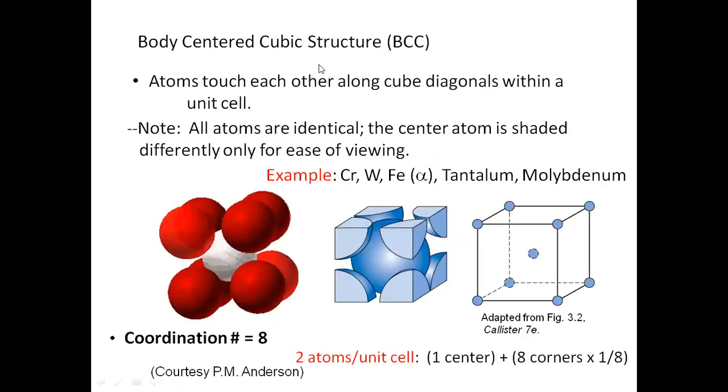So with body-centered cubic, like I said earlier, we have an atom there in the middle. The atoms touch each other along cube diagonals within a unit cell. From this corner, if you draw a line inside through the body atom up to this side, you find that the line is cutting across atoms.